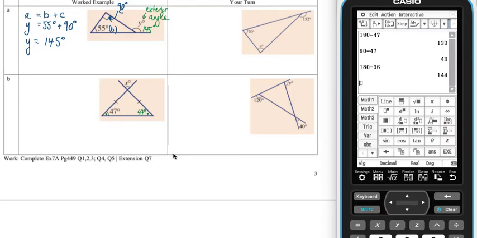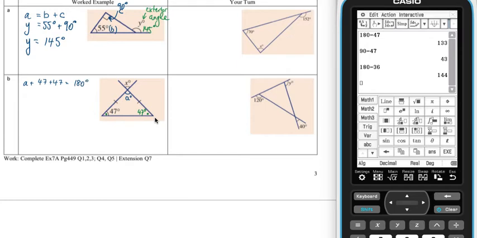Now, if this is 47 and this is 47, what must this angle here be? Well, let's just figure that out. So we don't know what that is yet, so we're going to put an arc there, and we're going to go, okay, let's just call it A, because it's an unknown. A plus 47 plus 47 has to equal a total of 180 degrees, because it's a triangle, right?